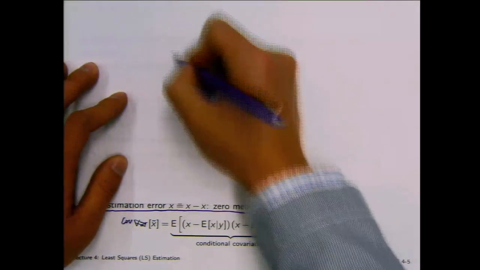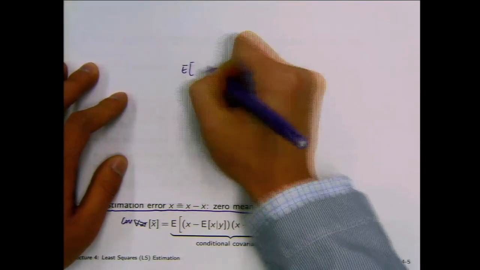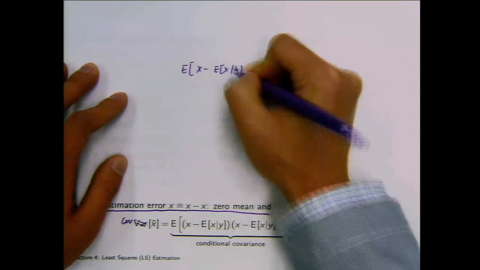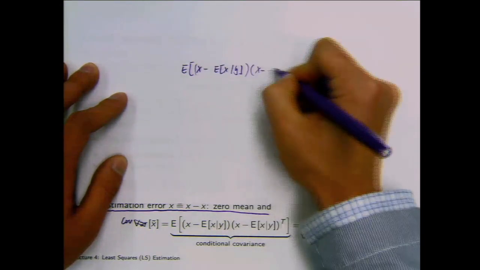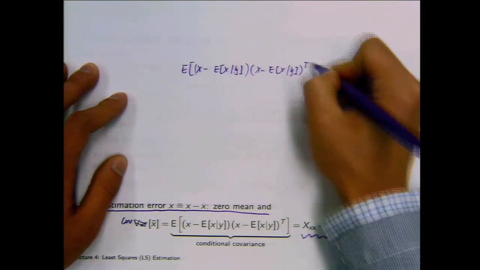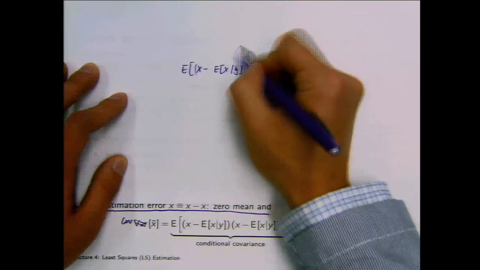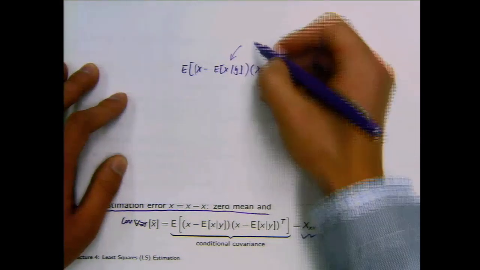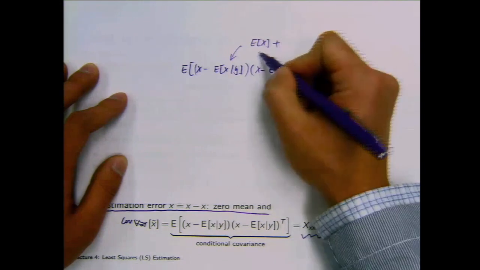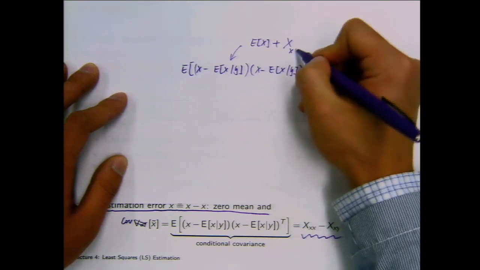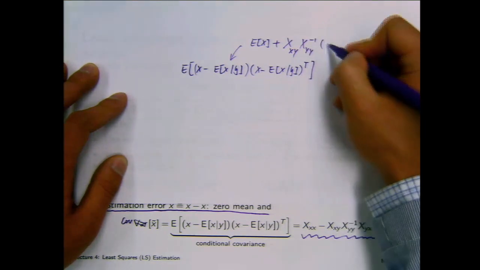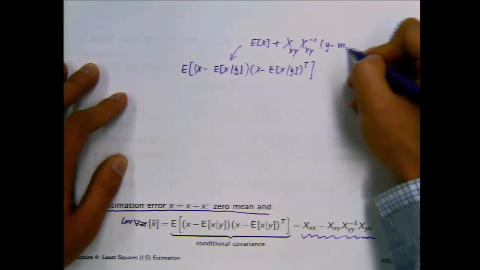I want to evaluate the expectation of (x minus the conditional expectation) times its transpose. We have seen that the conditional expectation equals the expectation of x plus the cross covariance between x and y, times y minus the expectation of y.